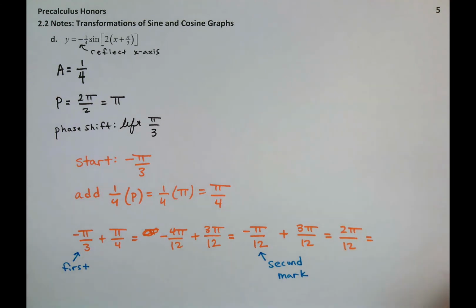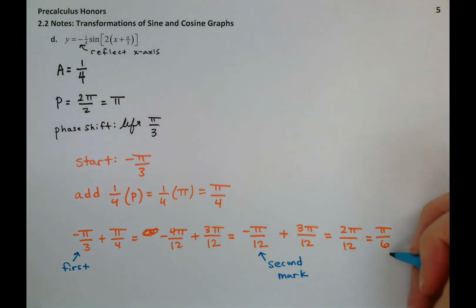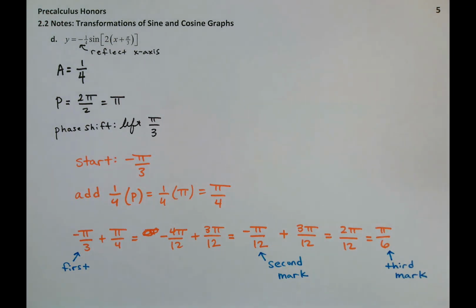And 2 pi over 12 is pi over 6. So then that's my third mark. Okay, so you see how adding a fourth of the period is helping you to get each of those tick marks. It's just kind of tedious in making sure that we get each of those correct. All right, so that's my third tick mark.